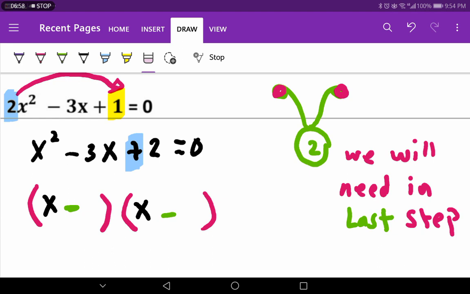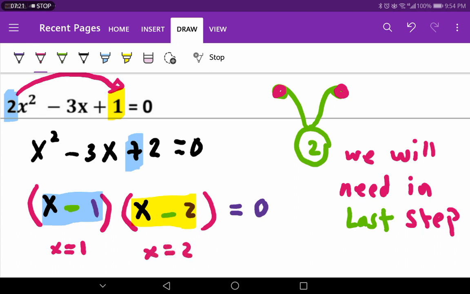Then I get the 2 actually from 1 multiplied by 2. So this is 1 and this is 2. Both of them must equal 0. Now from this, my dear student, I will get x equals 1, and from this I will get x equals 2. I'm done. Are you happy with that? Easy. I know you know.